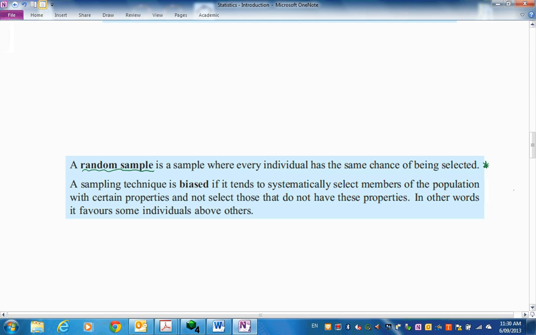And we try to use a random sample because if a sampling technique is biased, it means you've systematically selected members with certain qualities or properties and haven't made sure others who don't have those properties are also included. In other words, it favours some individuals above others. You may not have done that deliberately, but your sampling could be biased because you didn't think hard enough about giving everybody an equal opportunity of being included.